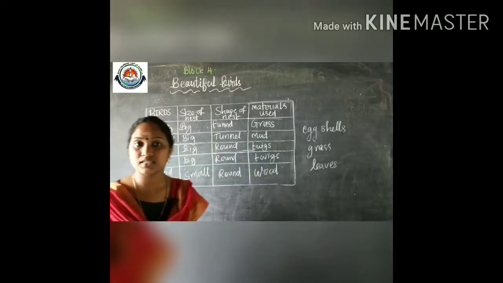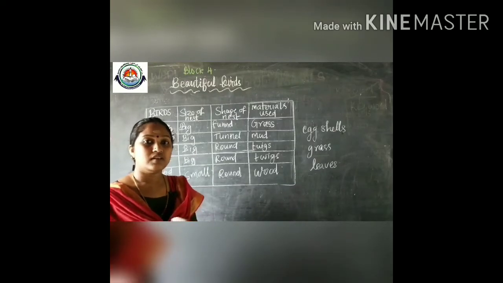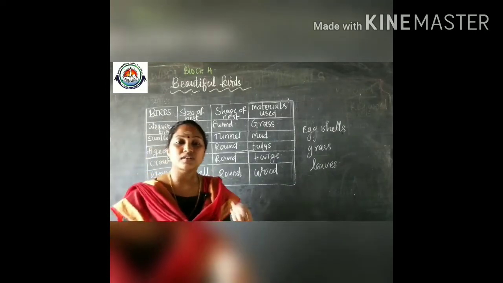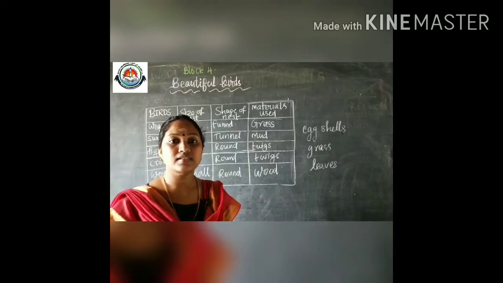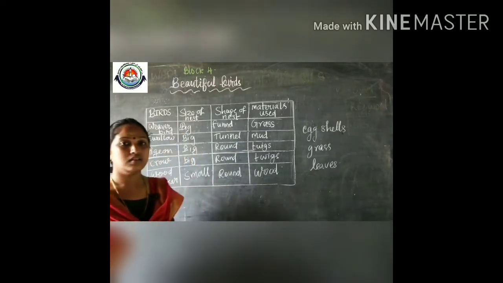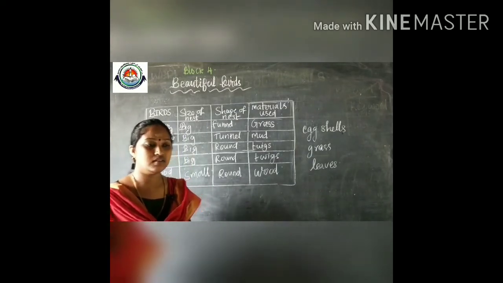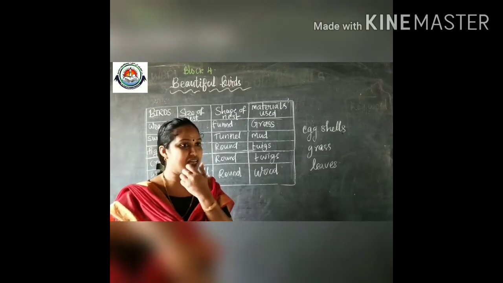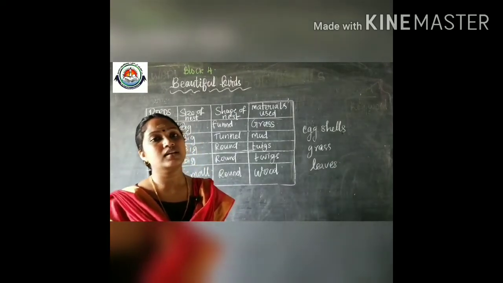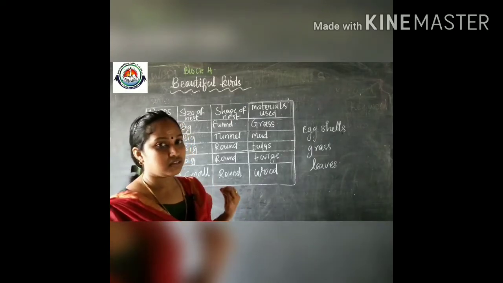And their size is different, and shape is different, and the place for making their nest is also different. Now you understood everything, right?